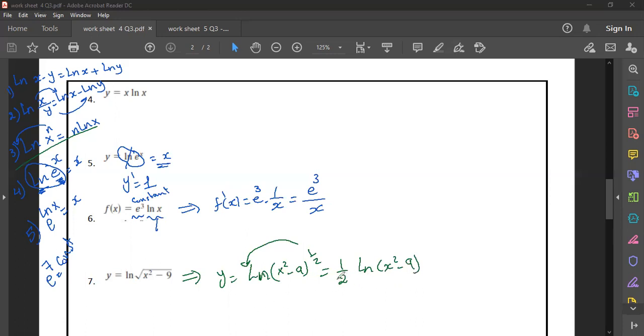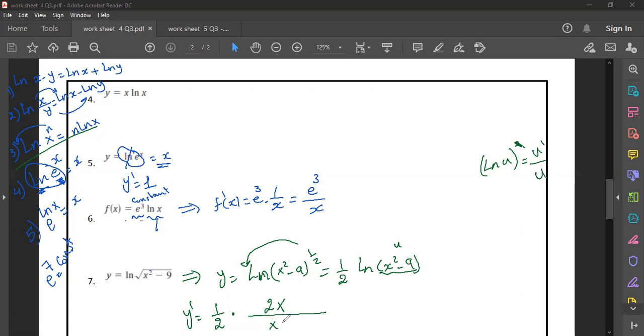As I told you many times, rewriting it doesn't mean the derivative. Then find the derivative of this function, which will be this constant multiplied by the derivative of ln u, which is u prime over u.